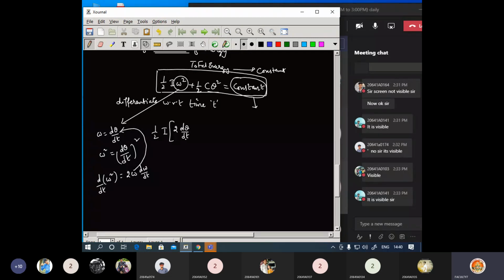Okay, so again, this is 2 dθ/dt, and here d/dt of dθ/dt. Then what happens here?